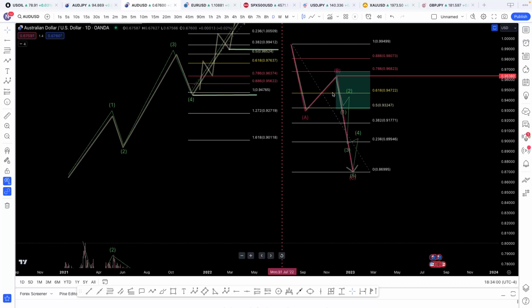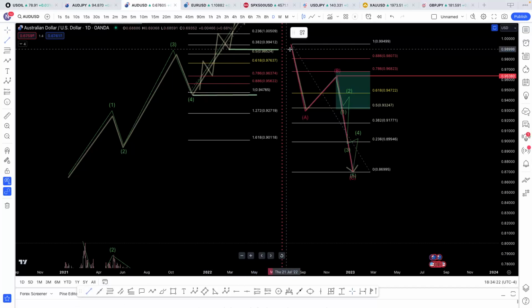Anyways, I went ahead and used the Elliott wave tool to identify that although this is 3 waves here, there are 2 sets of 5. So this would be 5, this will be 3, and then this would be 5. And so right here would be the impetus level for the second triangle.